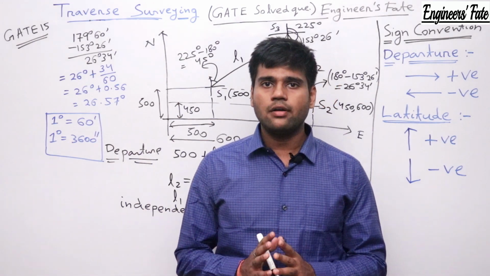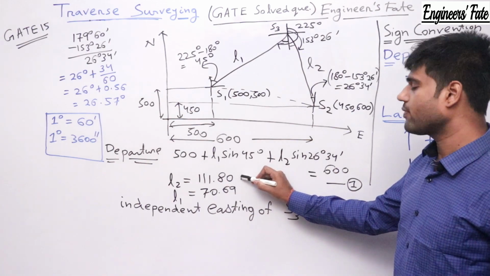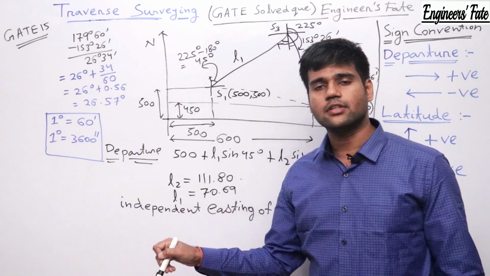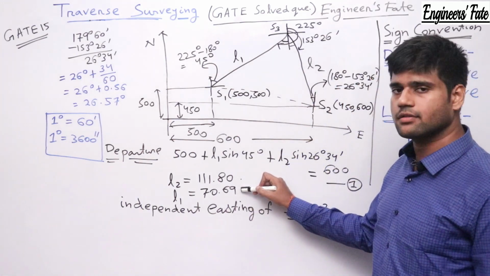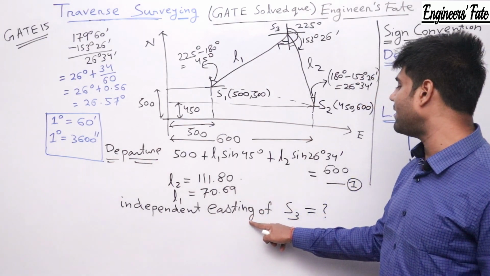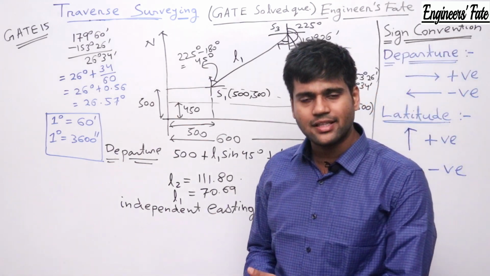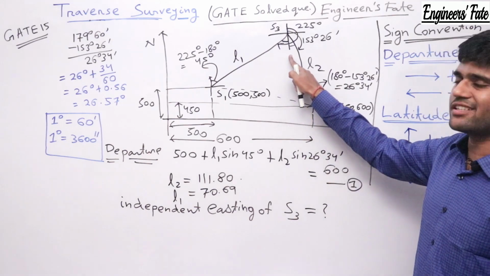So I have solved both equations and I have found the value of L2 as this. Then I have put the value of L2 in the first equation, and then I have found the value of L1, which is this. But in the question he has asked what is the independent easting of station S3. Independent easting means the departure coordinate of this station S3.